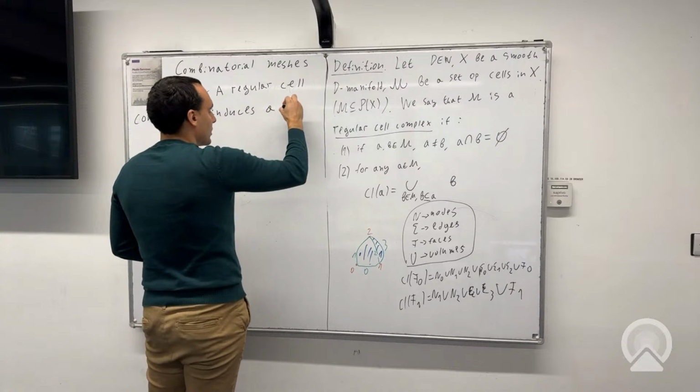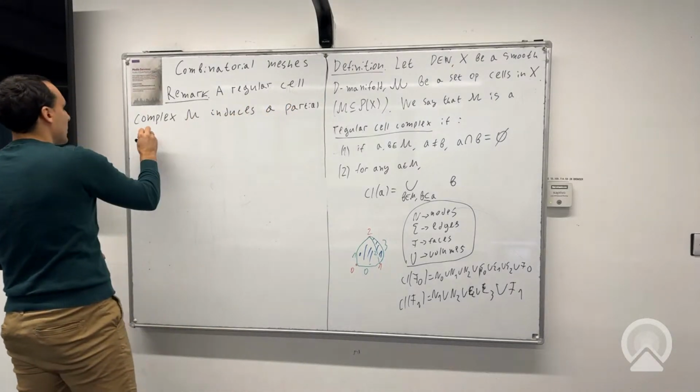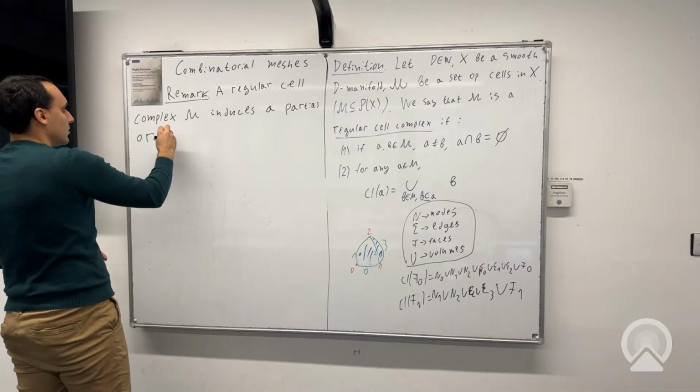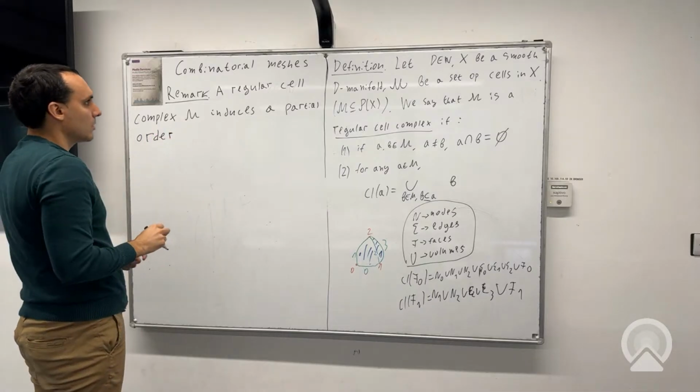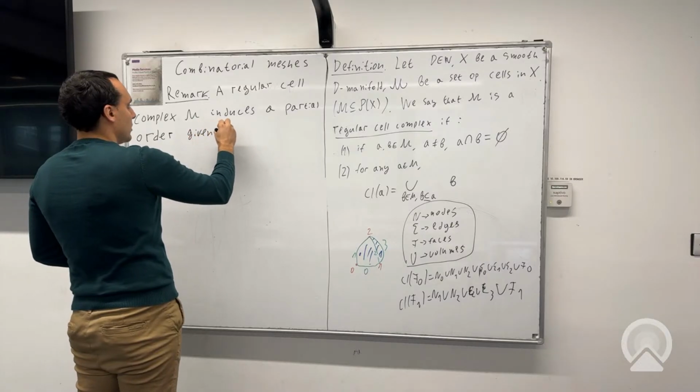I haven't defined what a partial order is, but a partial order given by the subset relation.